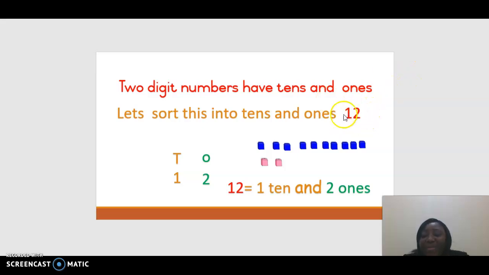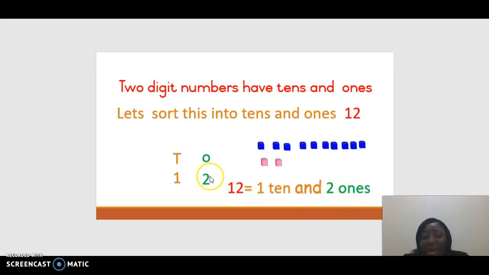So in the number 12, when I look at how many tens I have, I've got just 1 ten and 2 ones. So I can say for the number 12, there is 1 ten and 2 ones.